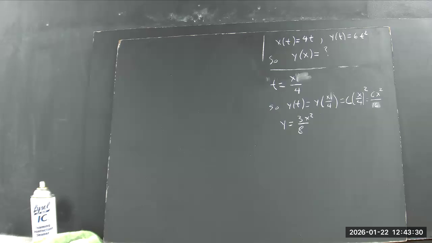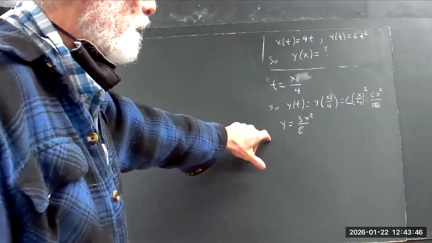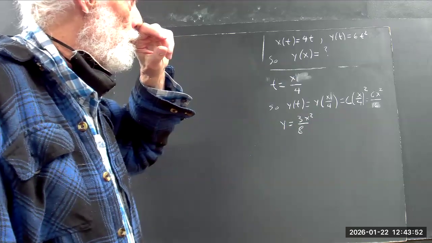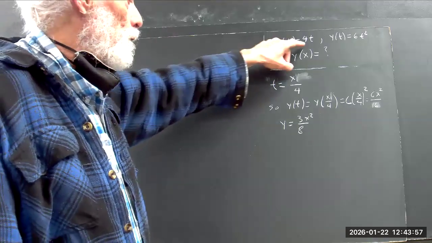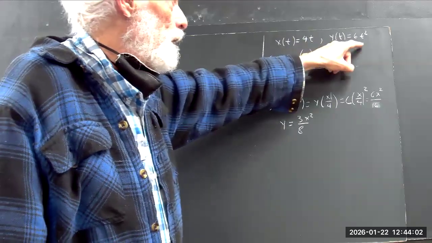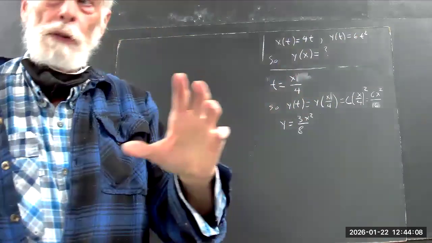Some people did a little bit of strange stuff on the picture. I did do something wrong here. I think I'd see some people getting a 96 here. I think it's pretty straightforward. If x is 4t, t is x over 4, and you plug t in here, you get 6 times x over 4 quantity squared. I think this is it, but let's make sure.